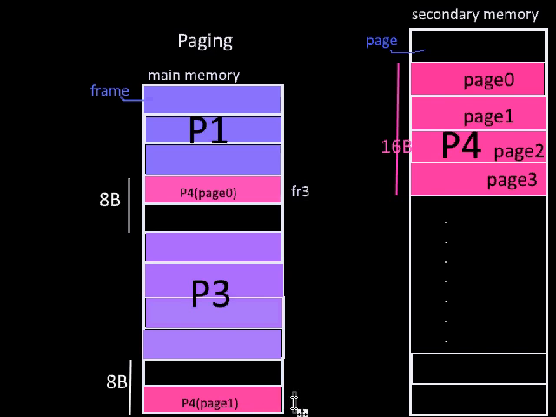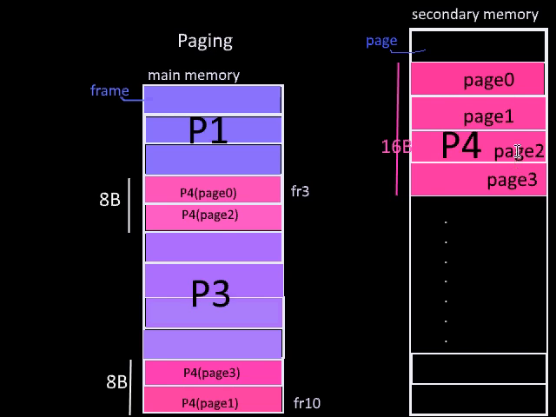This is frame 10. Let page 2 be loaded to this frame, which is frame 4. And page 3 is loaded to this frame, which is frame 9. Hence, the problem of external fragmentation is solved.